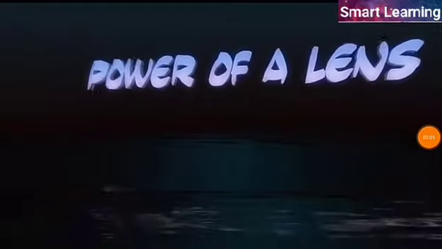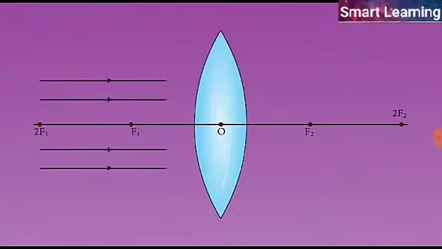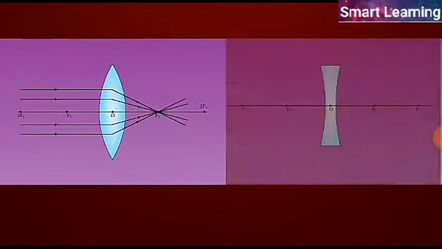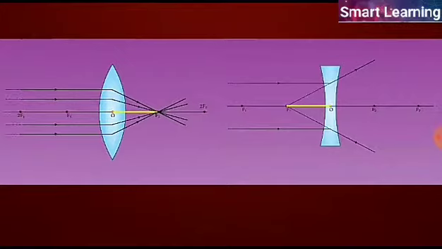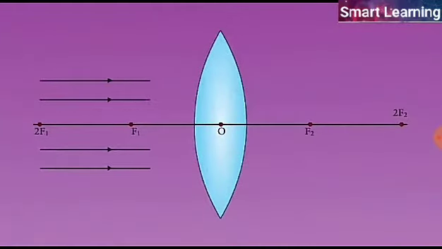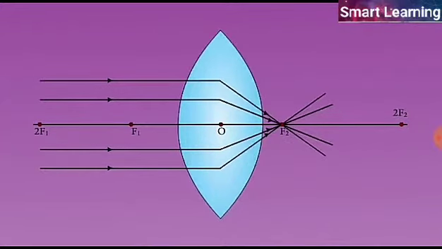Power of a lens. In the previous modules, we have already studied that the ability of a lens to converge or diverge light rays depends on its focal length. For example, a convex lens of short focal length bends the light rays through large angles, focusing them closer to the optical center.